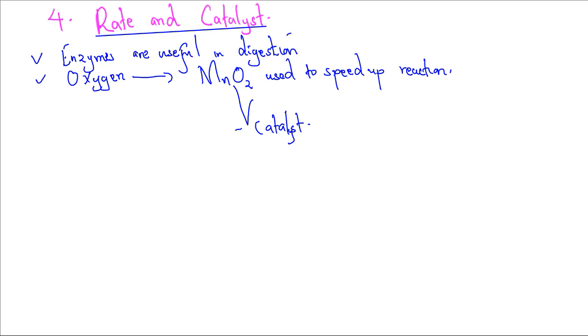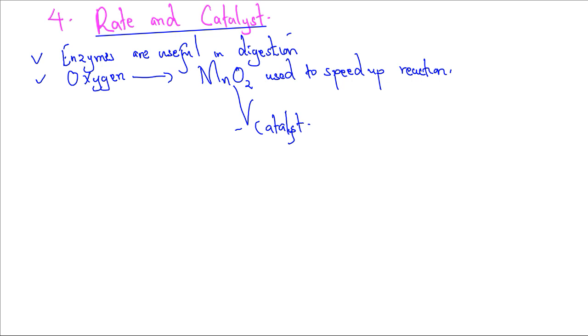Therefore, we want to recall our Form 1 chemistry knowledge that reminds us a catalyst is a substance that changes the rate of a chemical reaction without getting consumed in the reaction. It alters the reaction rate, but does not take part in the reaction.